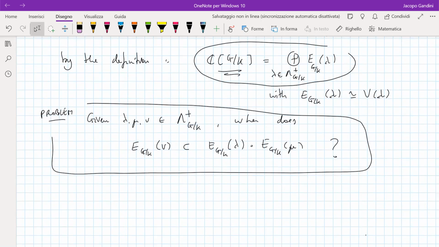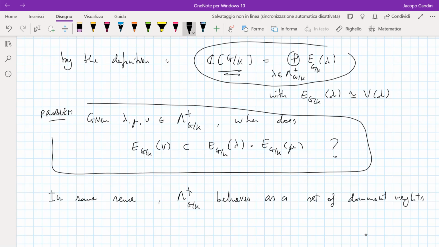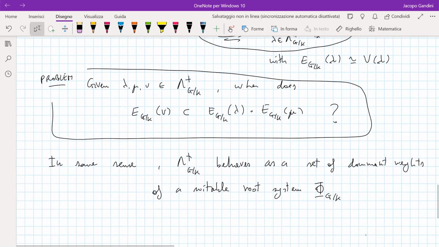Okay, so this is the question, and this question also makes sense because, hopefully you will understand a bit more of this, this set of weights behaves rather as a set of dominant weights of a suitable root system attached to G mod K. Namely, we can attach to our pair GK a root system, which has something to do with, but is different from, the root system of G. It's another root system, also of another type, possibly.